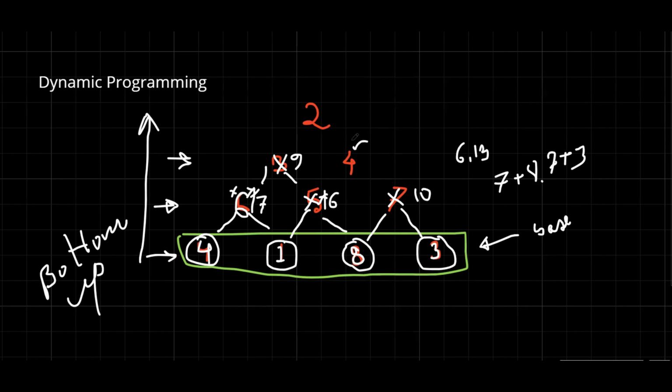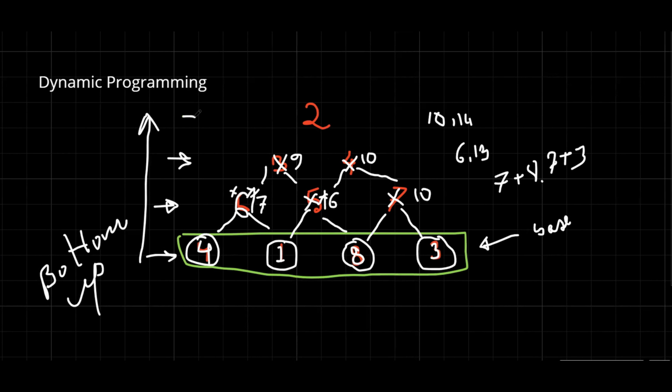Suppose we are now at this element 4. We have to pay the minimum of 4 plus 6 and 4 plus 10, where 4 plus 6 is 10 and 4 plus 10 is 14. So the minimum is 10, and we replace 4 with 10.